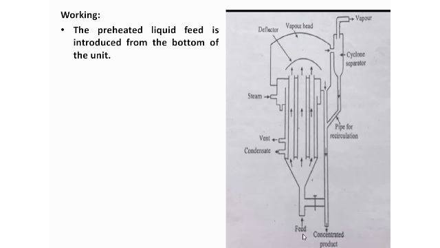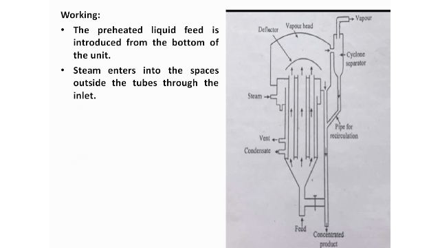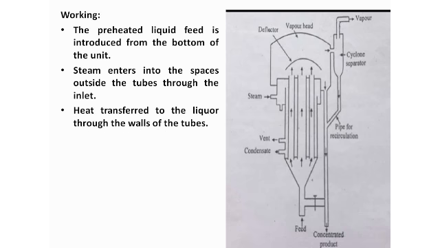You are going to heat it at a small degree, right? Now the steam enters the spaces outside the tubes through the inlet. So here the steam will enter, right? Next, the heat is transferred to the liquor through the walls of the tube, which I have already told you. The heat will be transferred from this tube into the liquor, right?